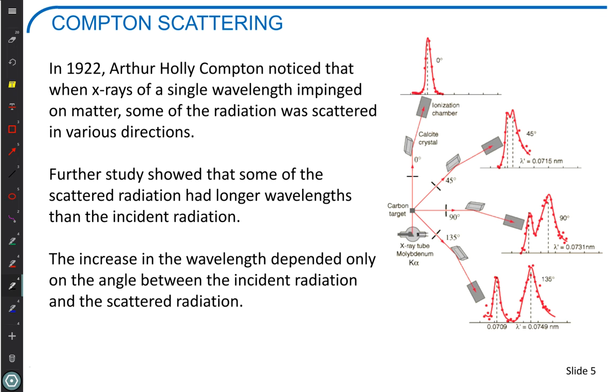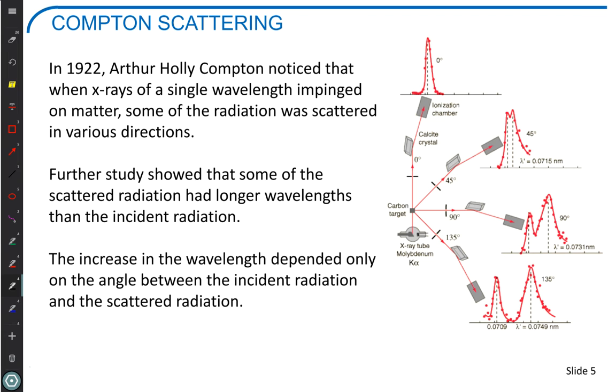In 1922, early in this modern physics era, Arthur Hawley Compton, an American, I believe, hope I'm right, was studying X-rays with a single wavelength, and he was studying the scattering of X-rays. And he found that X-rays were scattered as per the Bragg equation for scattering, but he found something really, really weird.